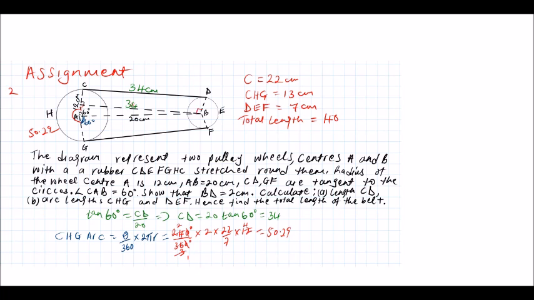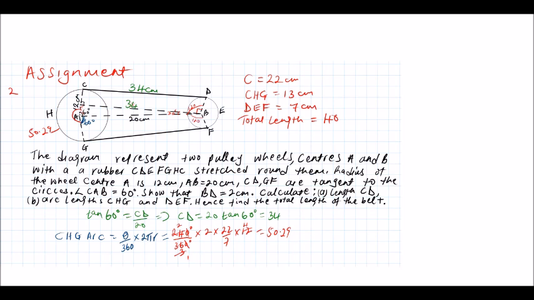So if that angle is 90 and this angle is 60, this angle here is 90, it means this angle here is 30. This small angle, can you see it? If this angle is 30, it means the whole of this angle is 120, and this other one is 120.